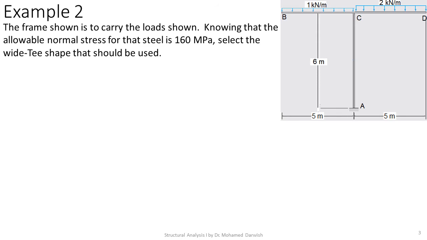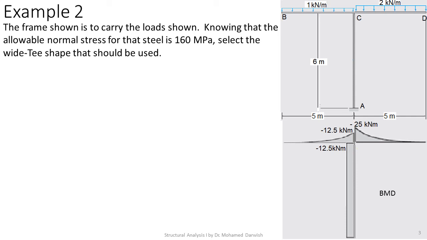Going on to the second example, considering the frame shown, it is to carry the load shown, knowing that the allowable normal stress for that steel is 160 megapascal, select the wide T shape that should be used. If we draw the bending moment diagram and take a section just to the right of C, we will see 2 times 5 times 2.5, which is 25 kilonewton meter.